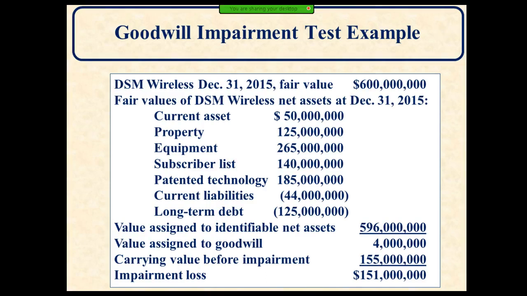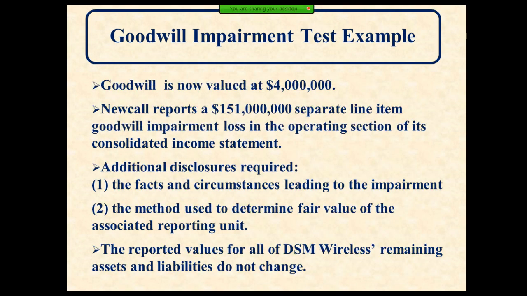After we went in testing for this, now our Goodwill is only 4 million. So we have a significant impairment loss on Goodwill of 151 million that we need to recognize and show as an impairment loss in the year that we recognize this.